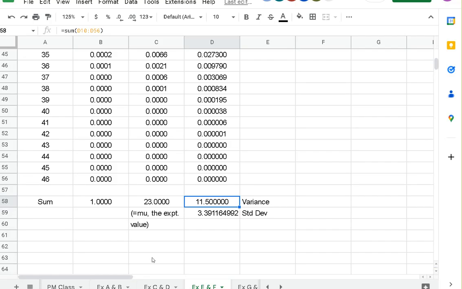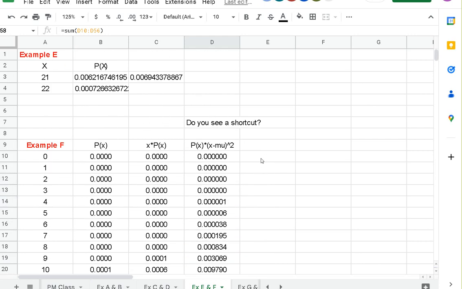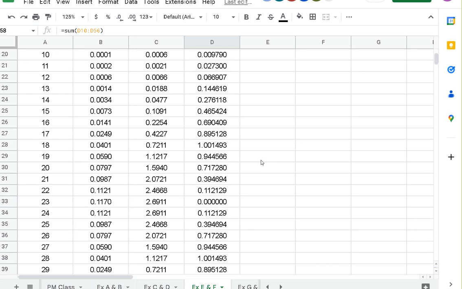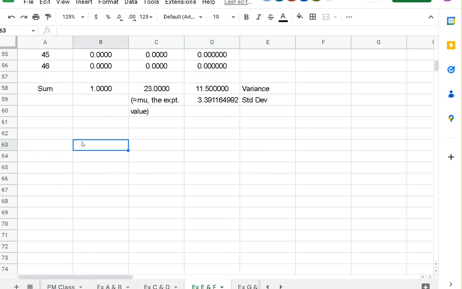Let me go back to the sheets here. And let's see. Yeah, I'll put it down at the bottom. Now I'm going to just type in a description of the command. It's going to be mu minus 2 times sigma, and then mu plus 2 times sigma.